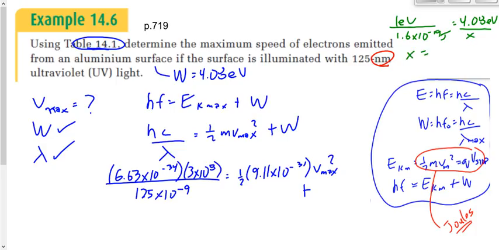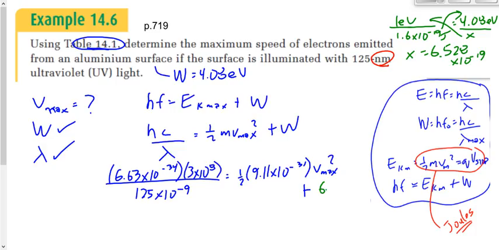X ends up being equal to what? It's going to be somewhere around 6 point something times 10 to the negative 19. Thank you, Sadie. 6.528 times 10 to the minus 19.